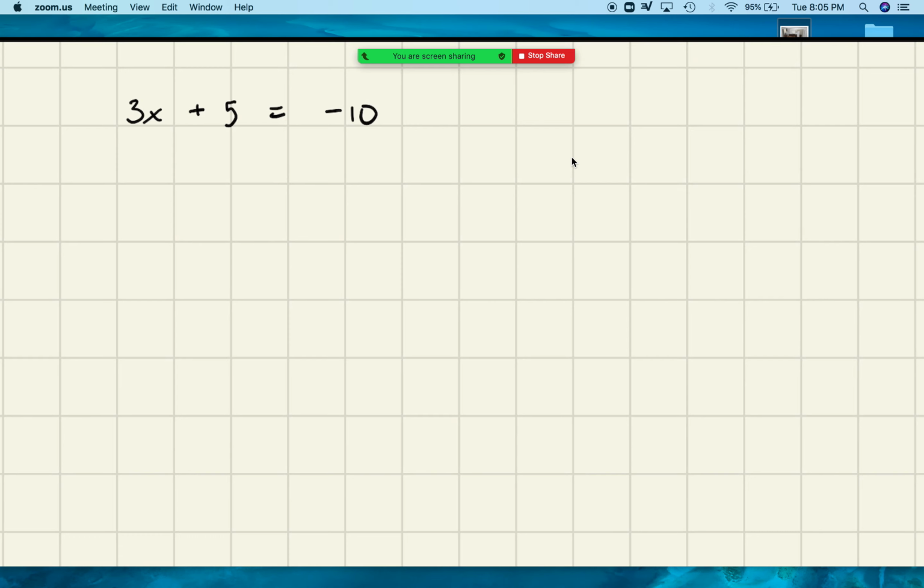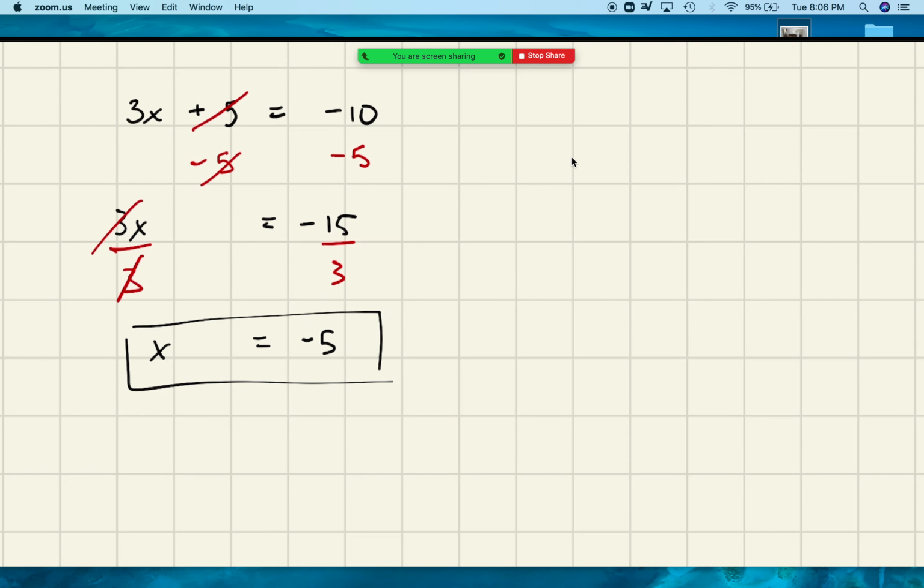So you deal with this 5, and you subtract 5. That cancels. 3x equals negative 10 minus 5, that's negative 15. And then you would divide by 3, and that gets the x by itself. Negative 15 divided by 3 is negative 5. So that would be the answer.